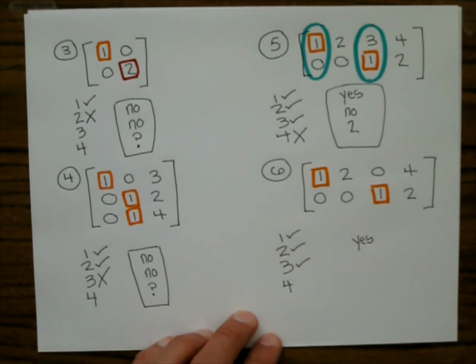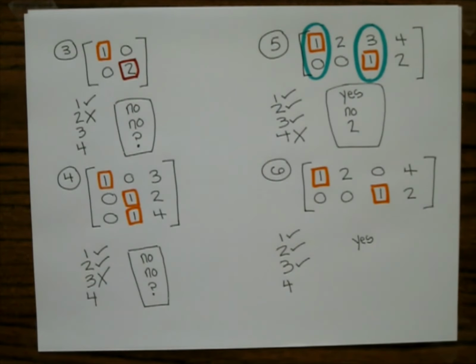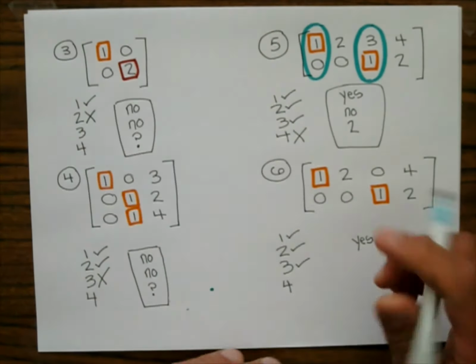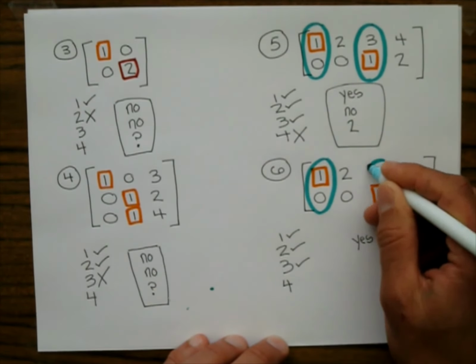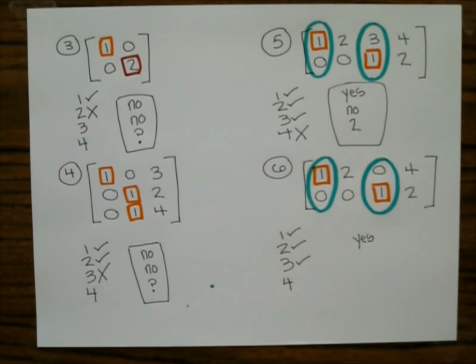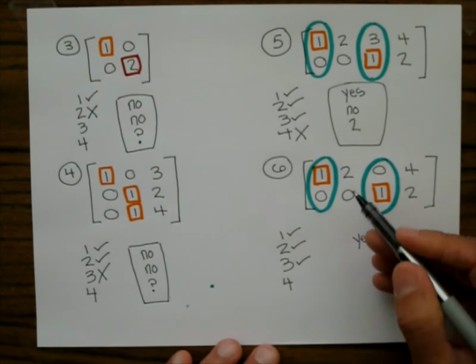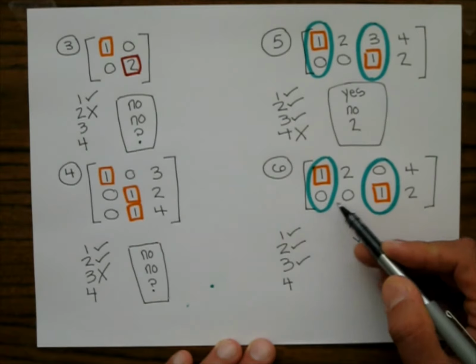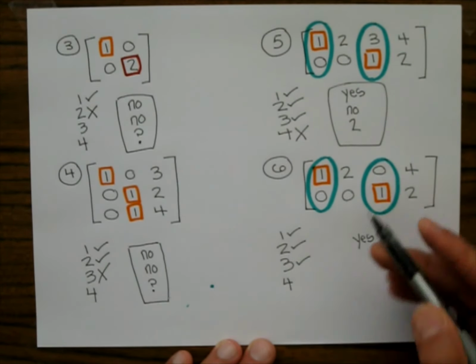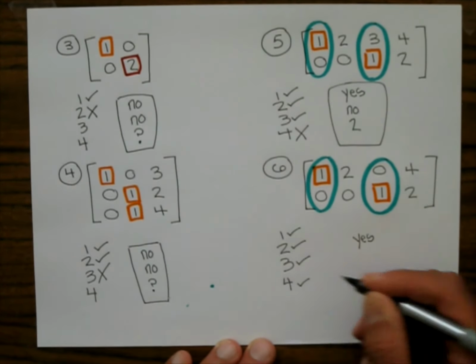Condition number 4 says any column that contains a leading 1. Let me circle the columns that contain leading 1s. Each column that contains a leading 1 should have zeros everywhere else. We have a 0 there, and on this one, we have a 0 there, so this one is satisfied.